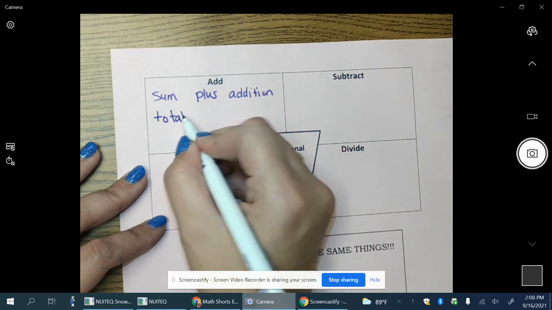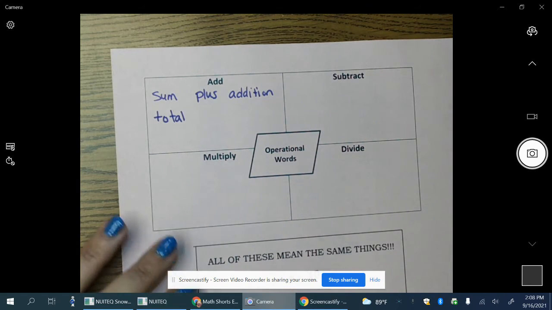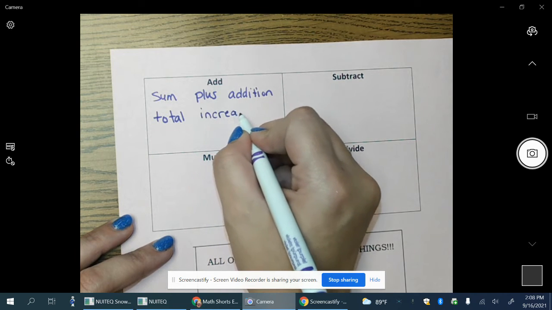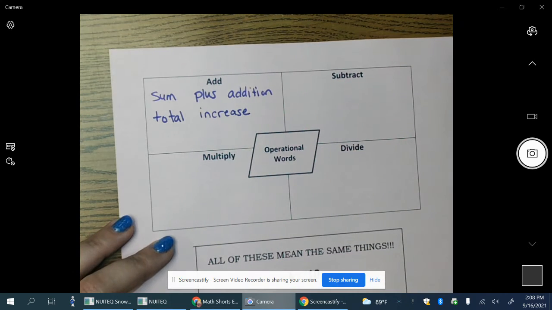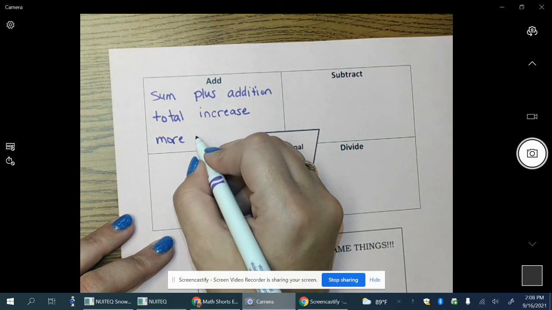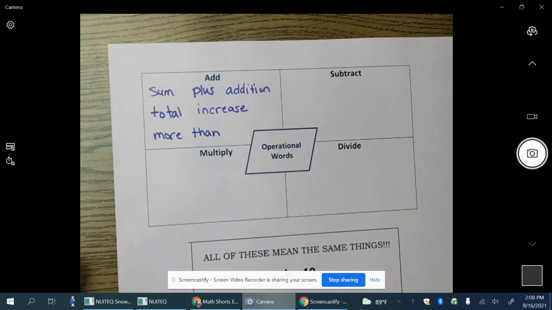Total. They say, this is your total. Okay. Maybe the weather outside increased today. The temperature increased. That means to go up. Maybe Bella is 4 more inches than I am. Okay, because I'm short. Okay, so more than.